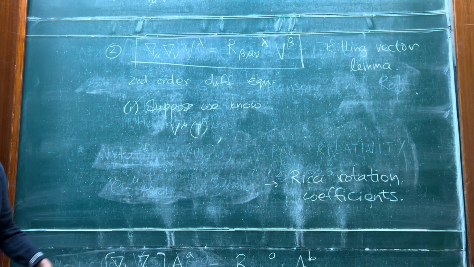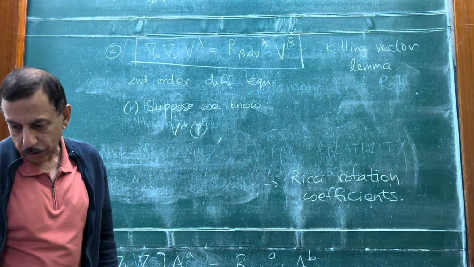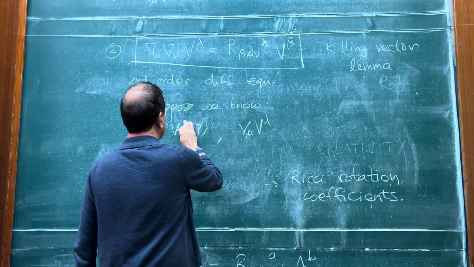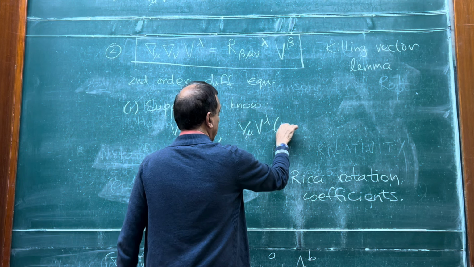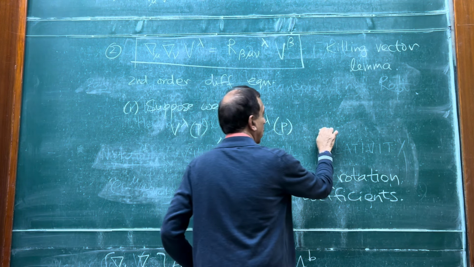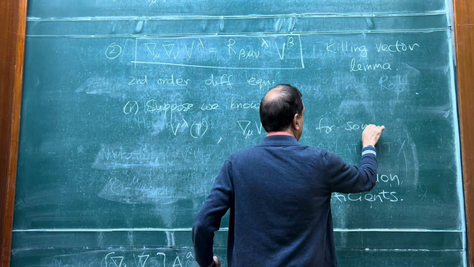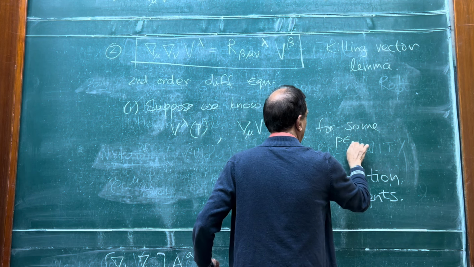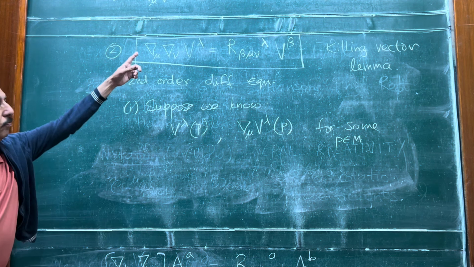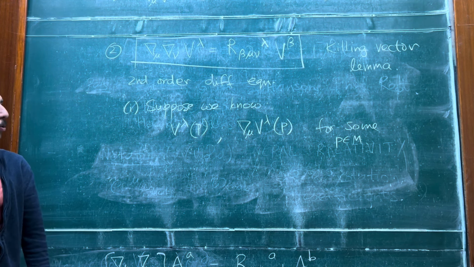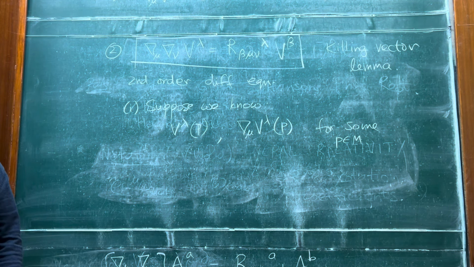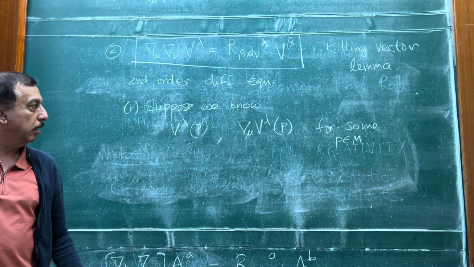That's not enough, it's a second order differential equation, so we should also know the first derivative, del mu V lambda, also at P. We can think of it as the initial point. Then one can argue that this differential equation can be integrated to determine the vector field given the curvature tensor of the whole manifold. So it's uniquely determined by these initial conditions.